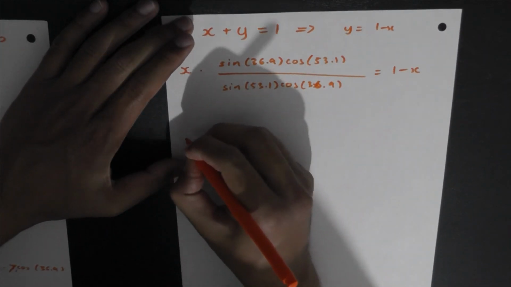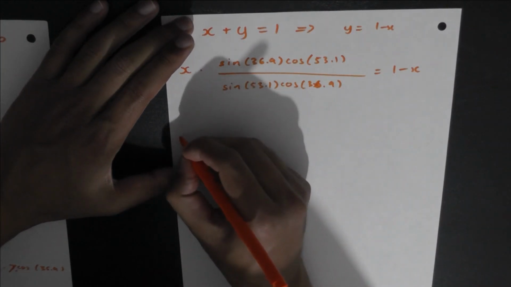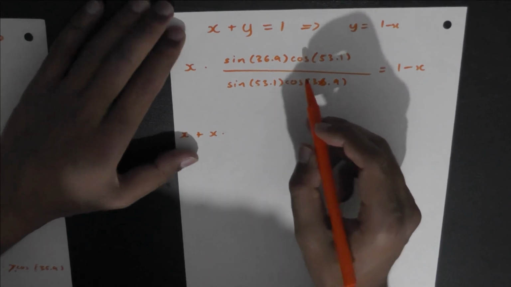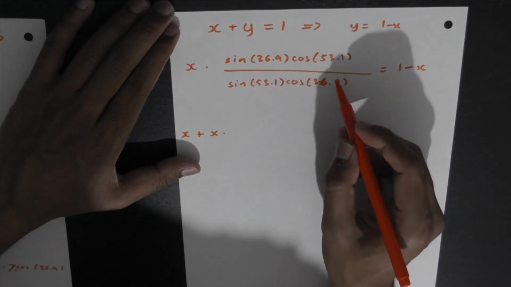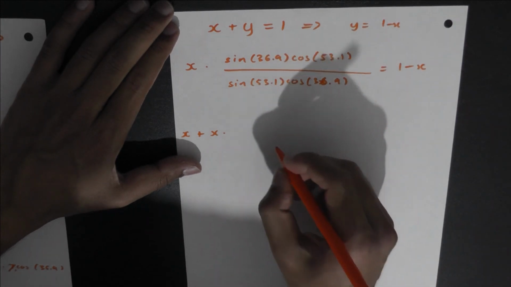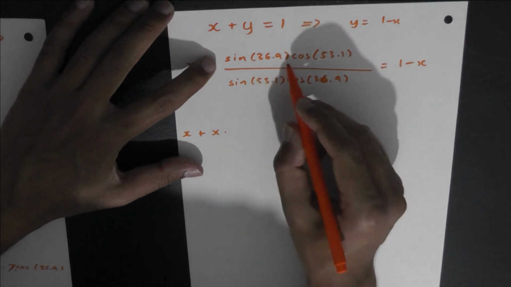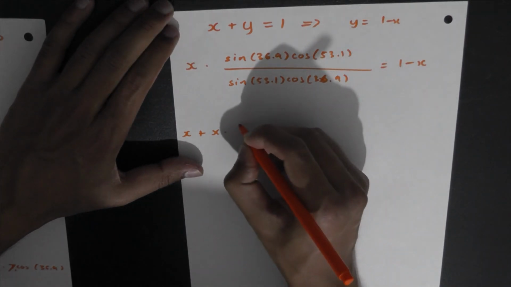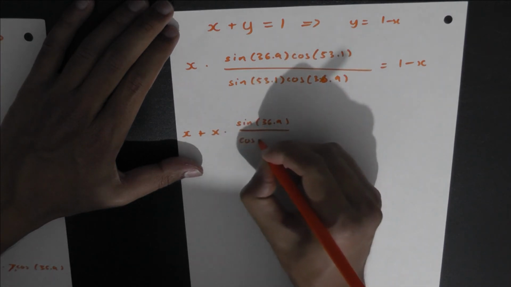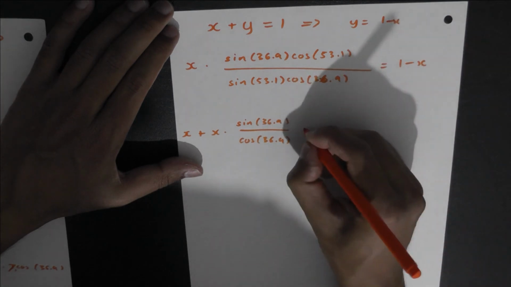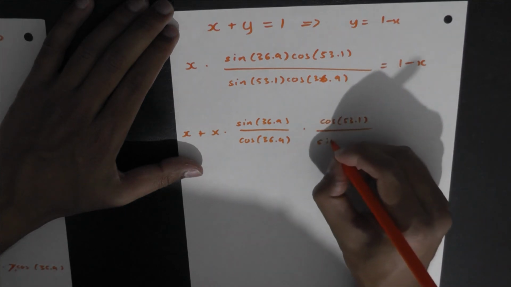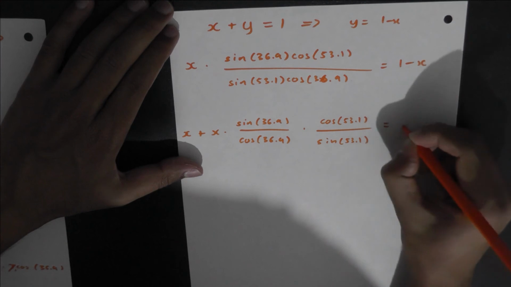So we just factorize by bringing x over to this side. So we have x plus x times, and I'm going to simplify this down by writing it in terms of tan. That would be the easiest way. So x times, because we have sine 36.9 and cos 36.9, sine 36.9 over cos 36.9 times cos 53.1 over sine 53.1 equals 1.